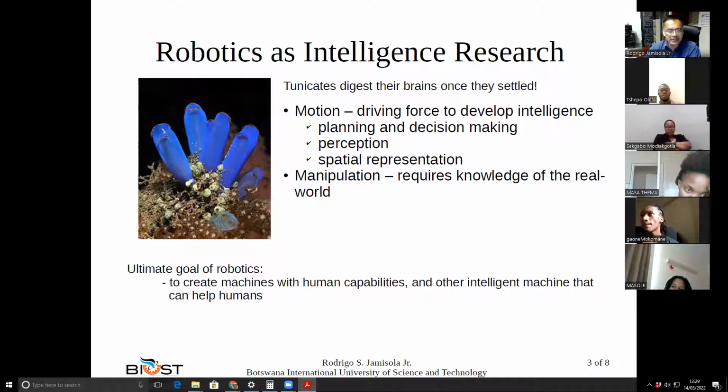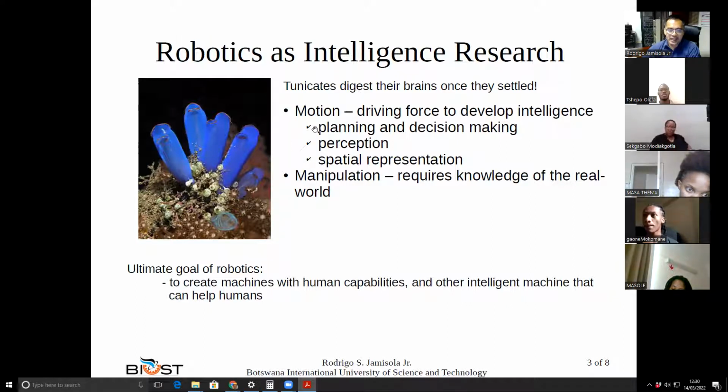For example, the tunicates. The tunicate is a sea organism that has some brain while still looking for a place to settle down.